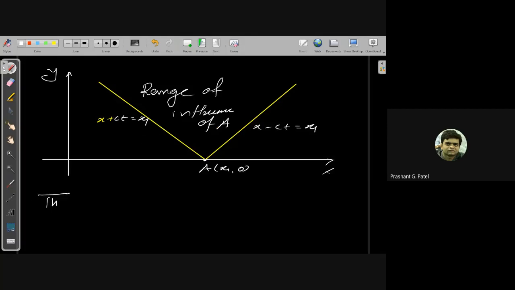So the data at (x1, 0) on the x-axis will influence, meaning all this data depends on this point A. That is what is meant by influence.